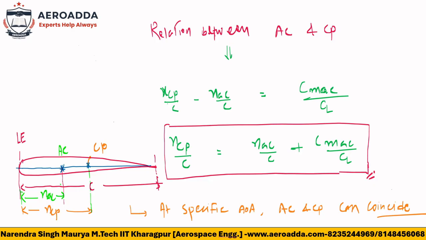Whatever I have done previously, you just connect all the equations and you will get it. Anyway, AC and CP is done, because it is very important once we talk about longitudinal stability. It was just a basic background or foundation for longitudinal stability, because once we start it we'll talk about the AC and the CP, so you should at least be aware of that.